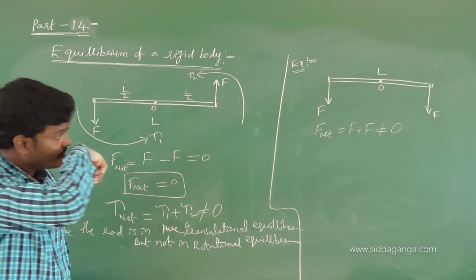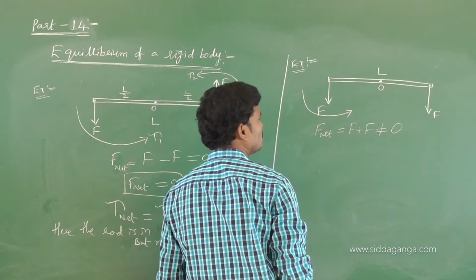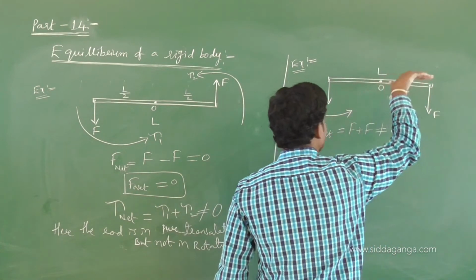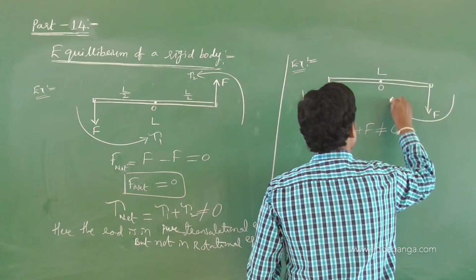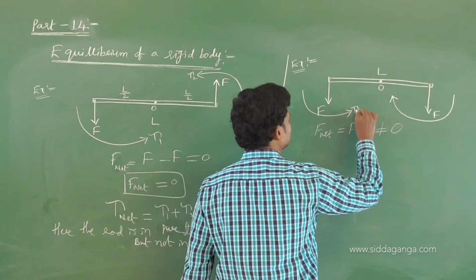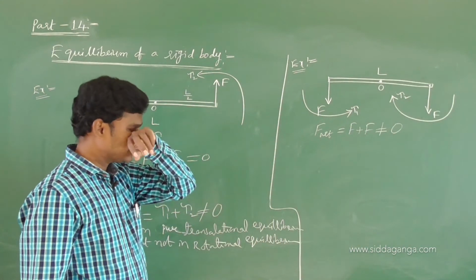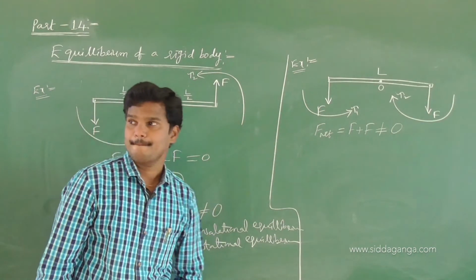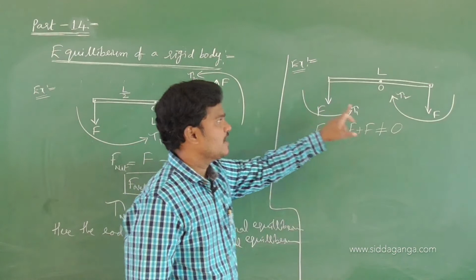Now let us find the torque. This will create a torque in the anti-clockwise direction about O. Recall the torque R cross F, anti-clockwise direction, and here also R cross F. What is this direction? Tell me. If this is tau 1 and this is tau 2, what is the direction of tau 1 and of tau 2? This is anti-clockwise and this is clockwise.